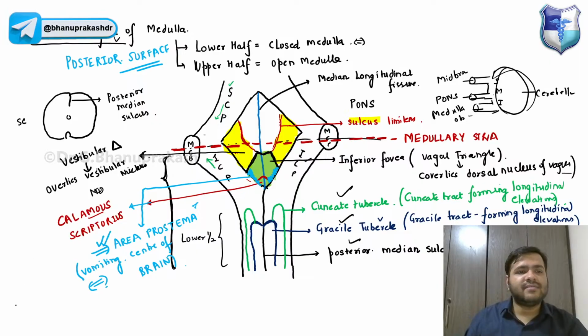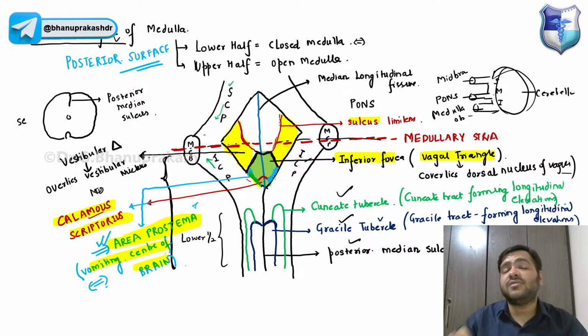You can see in the lower part the inferior fovea, that is the vagal triangle. We have the calamus scriptorius, I told you it's just like the nib of a pen. We have the area postrema, which is the vomiting center, a circumventricular organ devoid of the blood-brain barrier. So these are all in the lower part of the fourth ventricle.